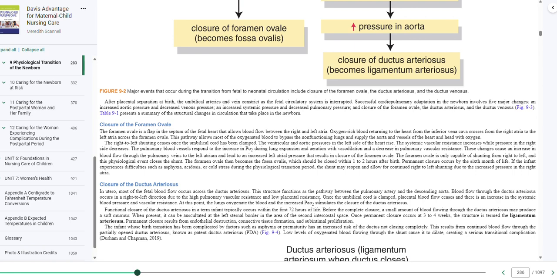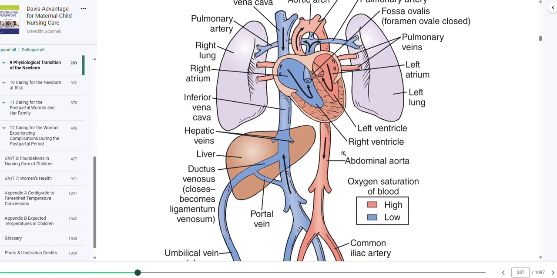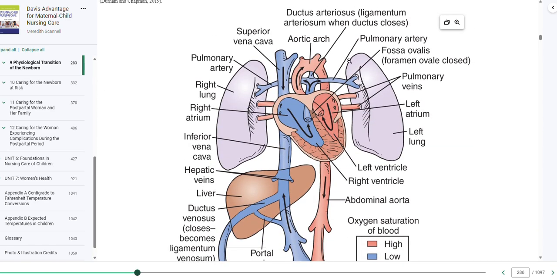Just be familiar with that term, the closure of the ductus arteriosus, and that's the pathway between the pulmonary artery and descending aorta. So here's the pulmonary artery, and it's this closure between the aorta and the pulmonary artery.